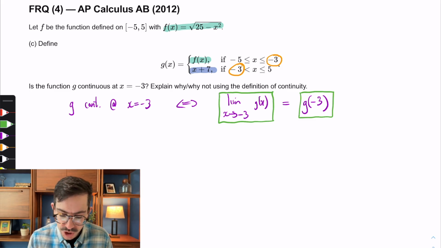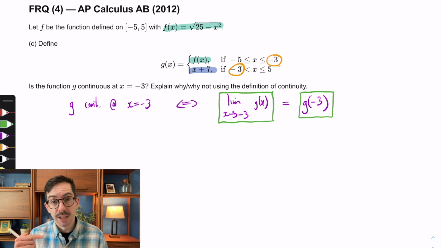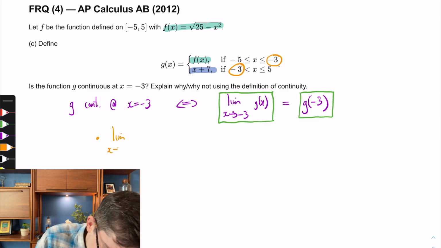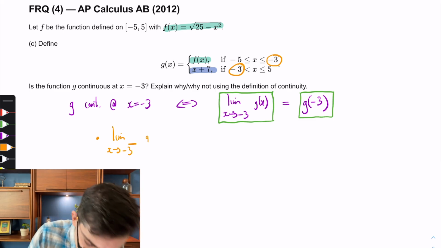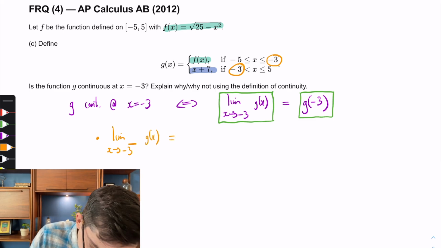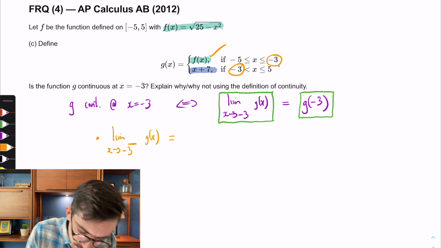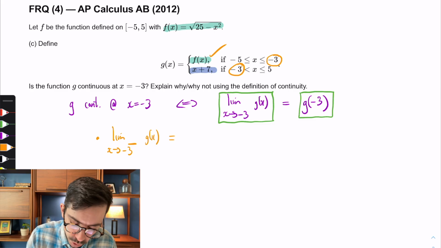Well, we understand what this function g is doing from the left and from the right. We have those two rules, so we can use one-sided limits to figure out what is going on here. So let's figure out the limit as x approaches negative 3 from below of g of x. Well, when x is to the left of negative 3, it is that top rule that's deciding what g is doing.